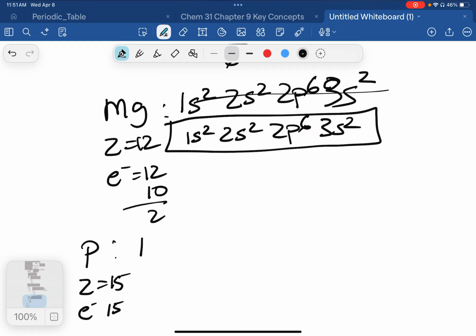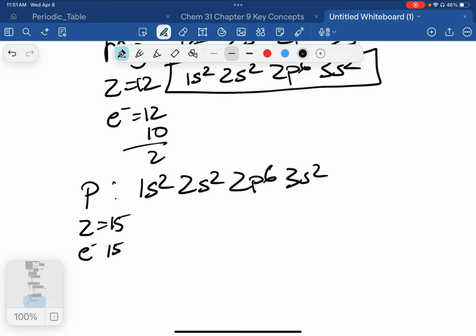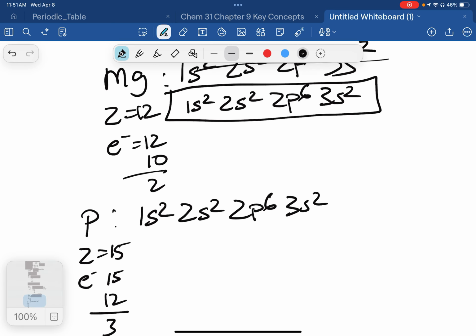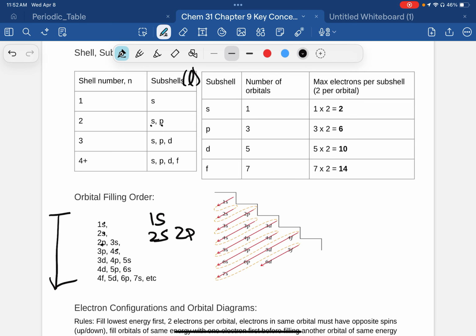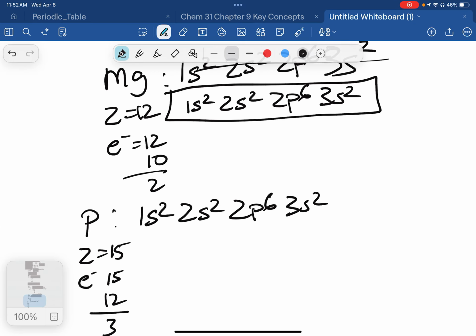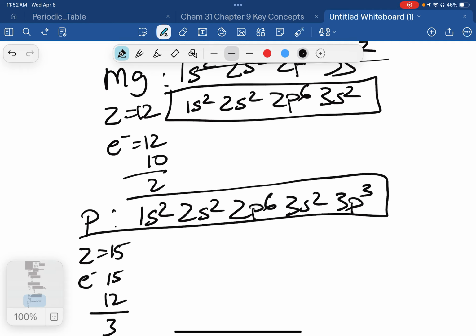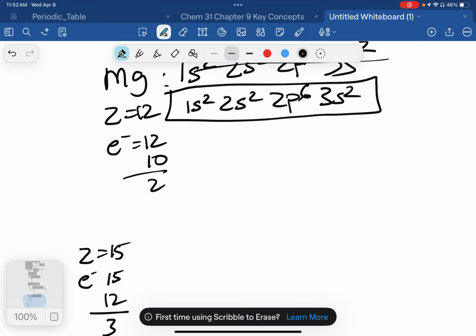We're going to start with 1s2, 2s2, 2p6, 3s2. That gets us 12 of them, because we know that's going to be the same. We'll have 3 left. And what comes after 3s on our list? From 3s, we go to 3p, and we write down our 3p, and we have 3 electrons left that have to go there, and that becomes 3p3. And that is your electron configuration for phosphorus.